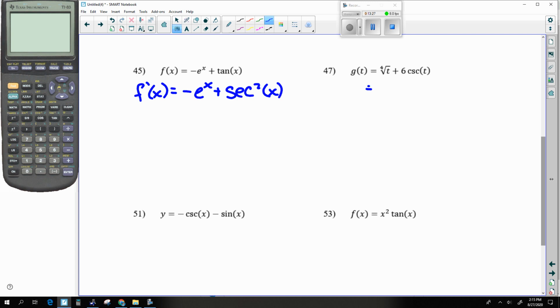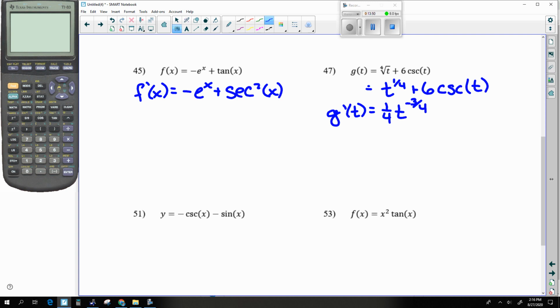Before this one, again, I'm going to rewrite the goofy stuff. It helps me take my derivatives just a little bit easier. So here my derivative is going to be the 1/4 drops minus 1, so that would yield a negative 3/4.